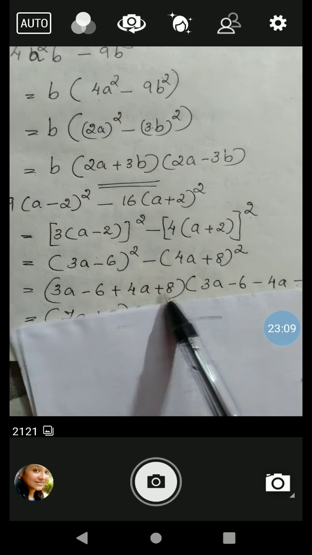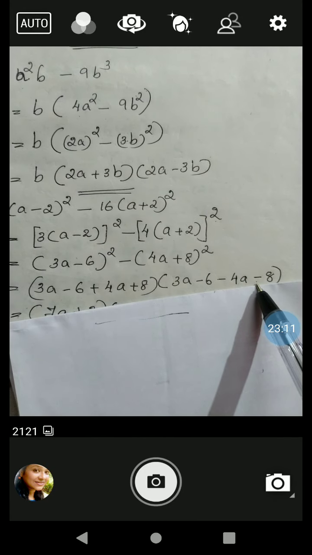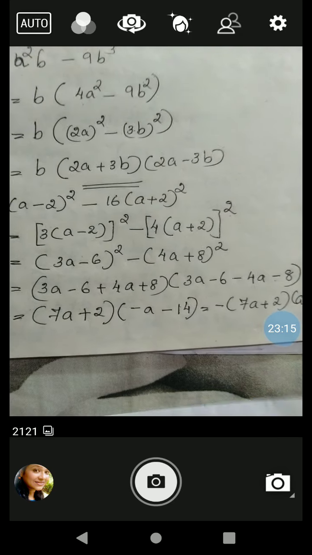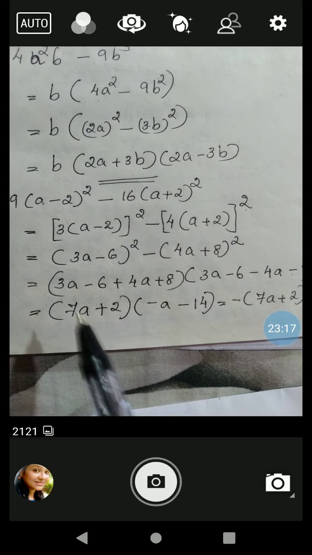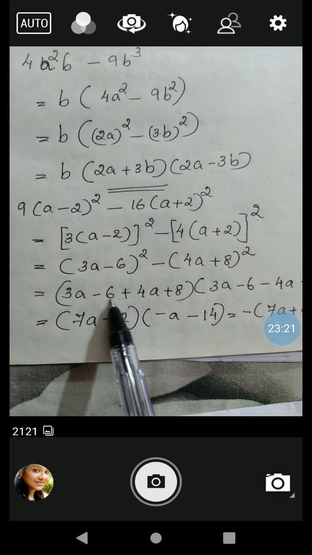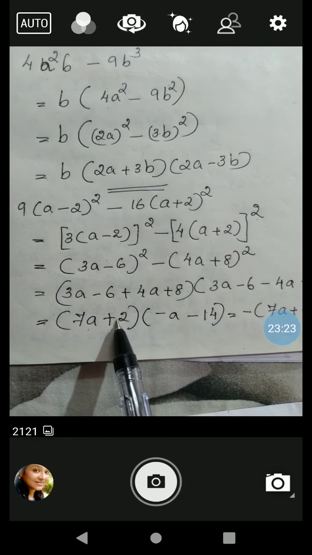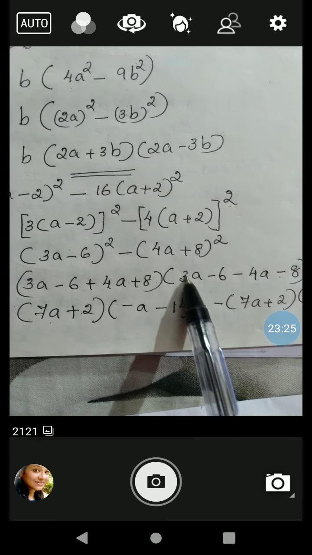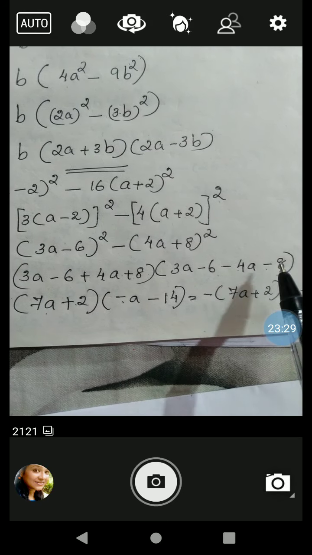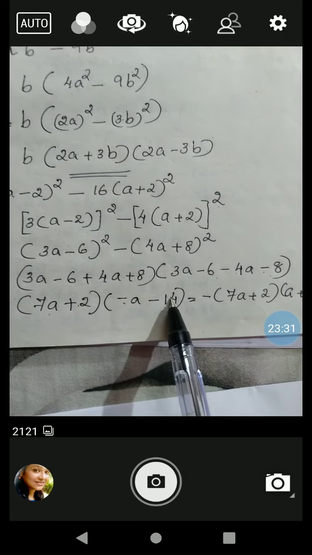Look here, a minus b. Now, simplify. 3a plus 4a, that is 7a, minus 6 plus 8, that is plus 2. Here, 3a minus 4a is minus a, minus 6 minus 8 is minus 14.